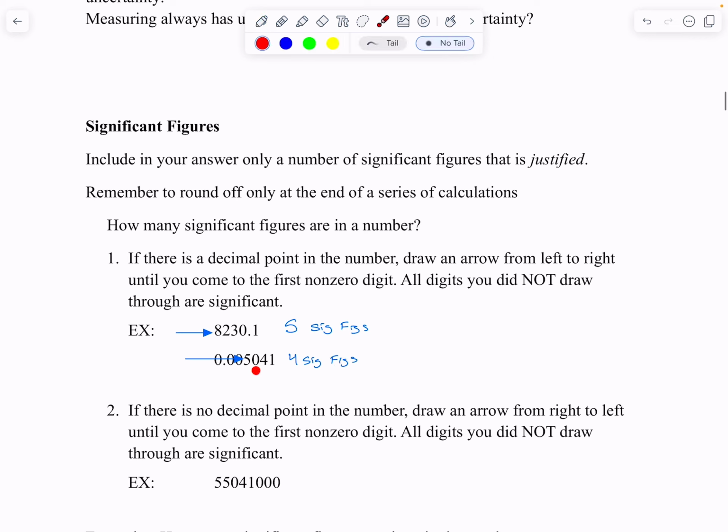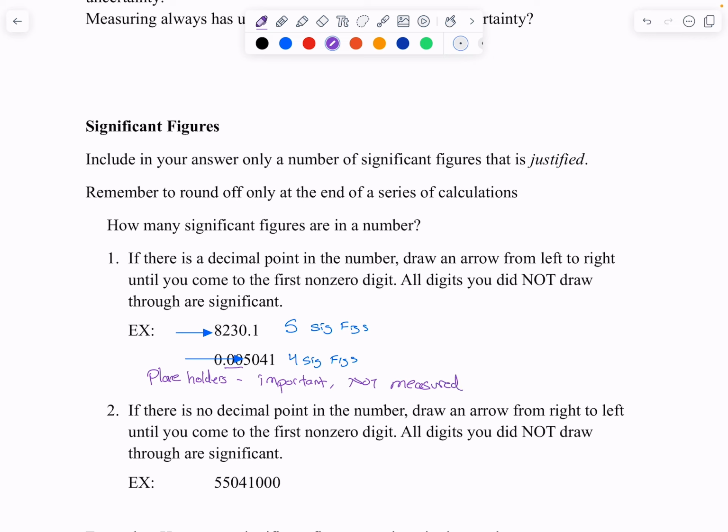Now, the 0 between 2 numbers is always going to be significant. These 2 are important, but they're not measured. These 2 are placeholders. Important, but they're not measured. Well, what do you mean? How are they not measured?